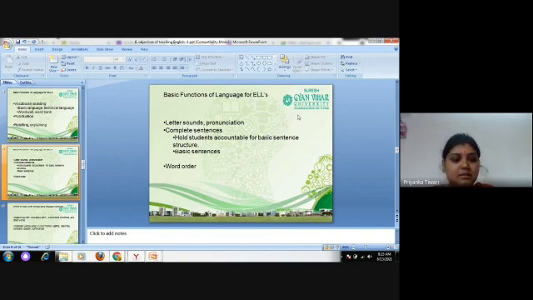If we are taking a class of language and teaching methods in English, we have to focus on letter sounds, pronunciation, and complete sentences. Hold students accountable for basic sentence structure and word order.